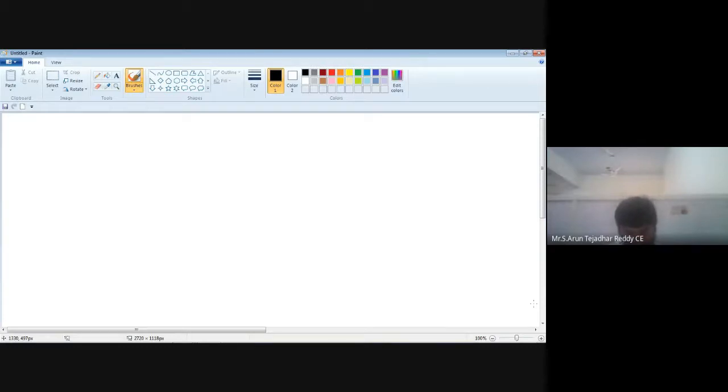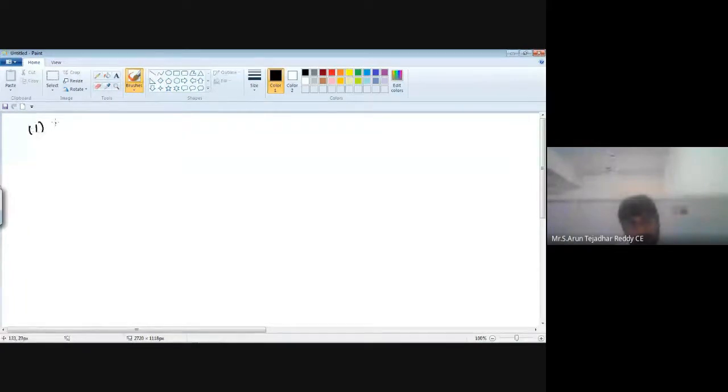All of you open your notebooks and write: what is the difference between a sway frame and a non-sway frame? Generally you already know that a frame is a combination of beams as well as columns. Here we have two types of frames.